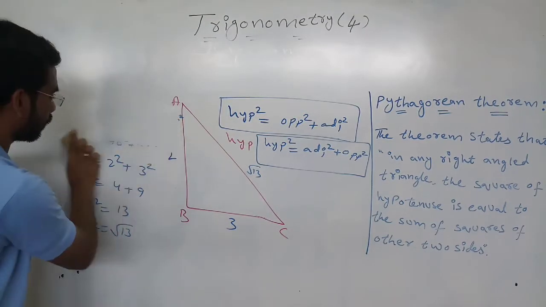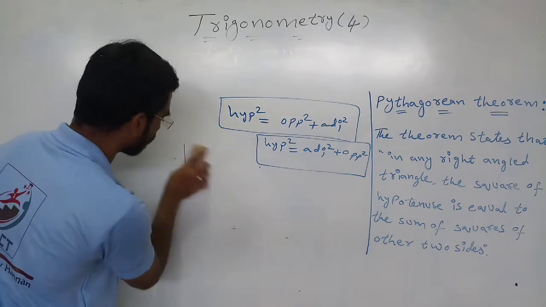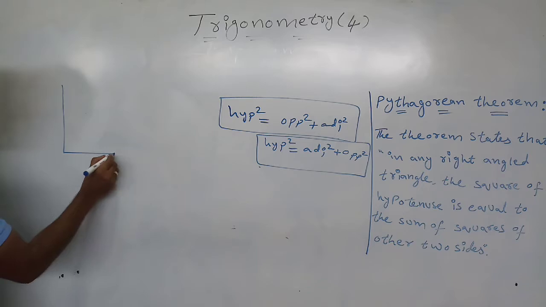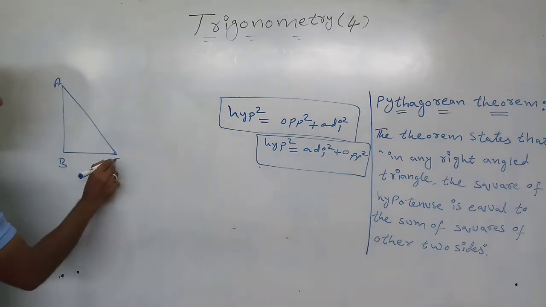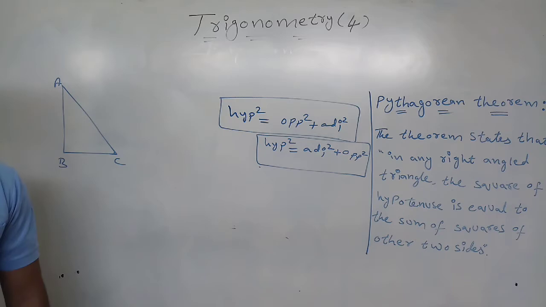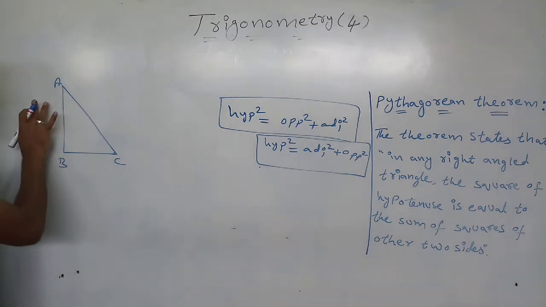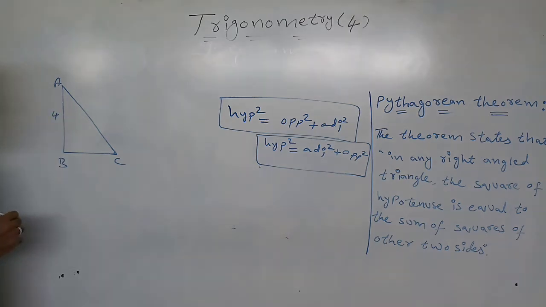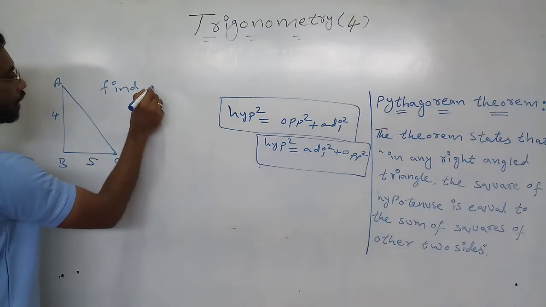Now we will do some more problems using these triangles and the theorem. Take a triangle, name it ABC, and in this one take 4 here and 5 here, and find AC.